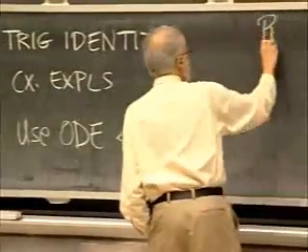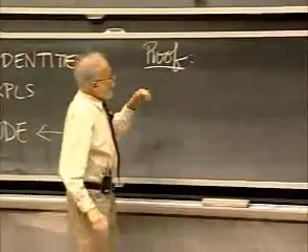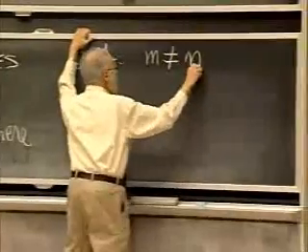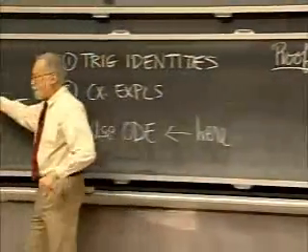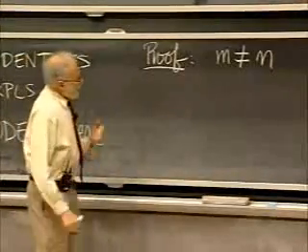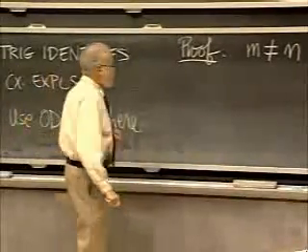So the way the proof of these orthogonality conditions goes, I'm going to assume that m is different from n, so that I'm not in either of these two cases. What it depends on is what's the differential equation that all these functions satisfy.